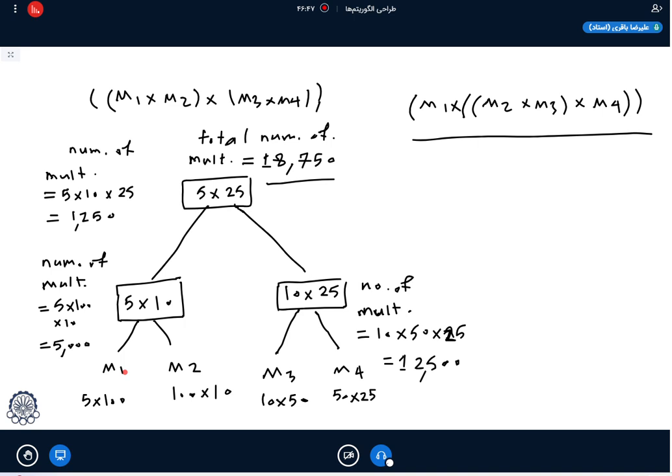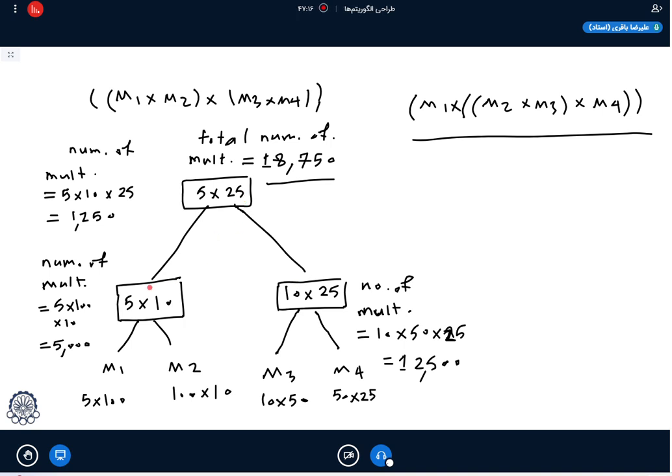Then the result of M1, M2 is multiplied by the result of M3, M4. The result of multiplication of M1 and M2 is a matrix with 5 rows and 10 columns. The result of multiplication of M3 and M4 is a matrix that has 10 rows and 25 columns. If we multiply the left side and the right side, we get a matrix that has 5 rows and 25 columns.